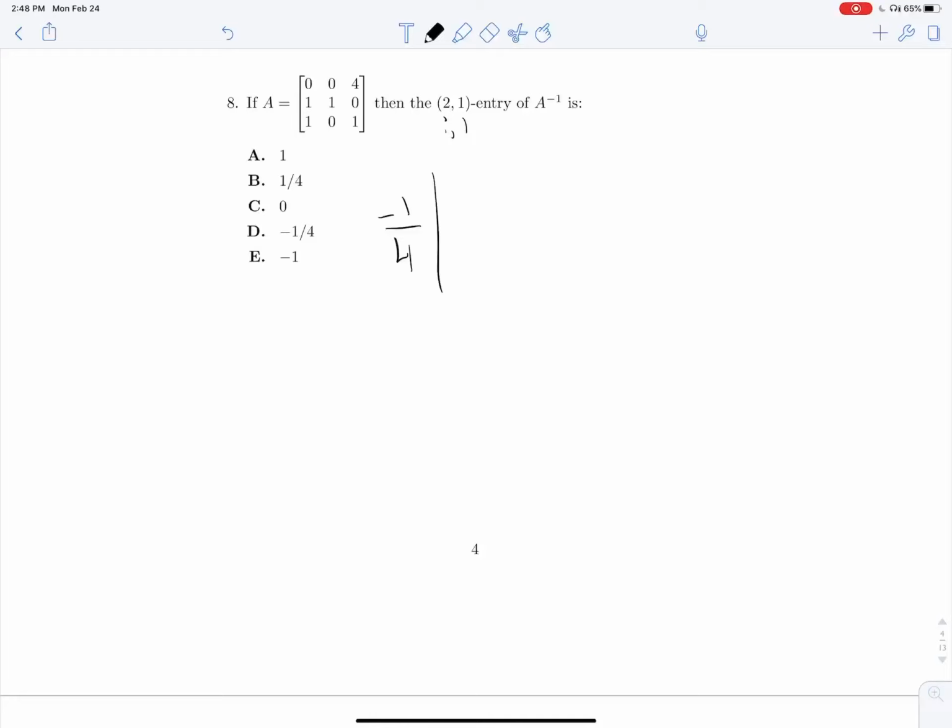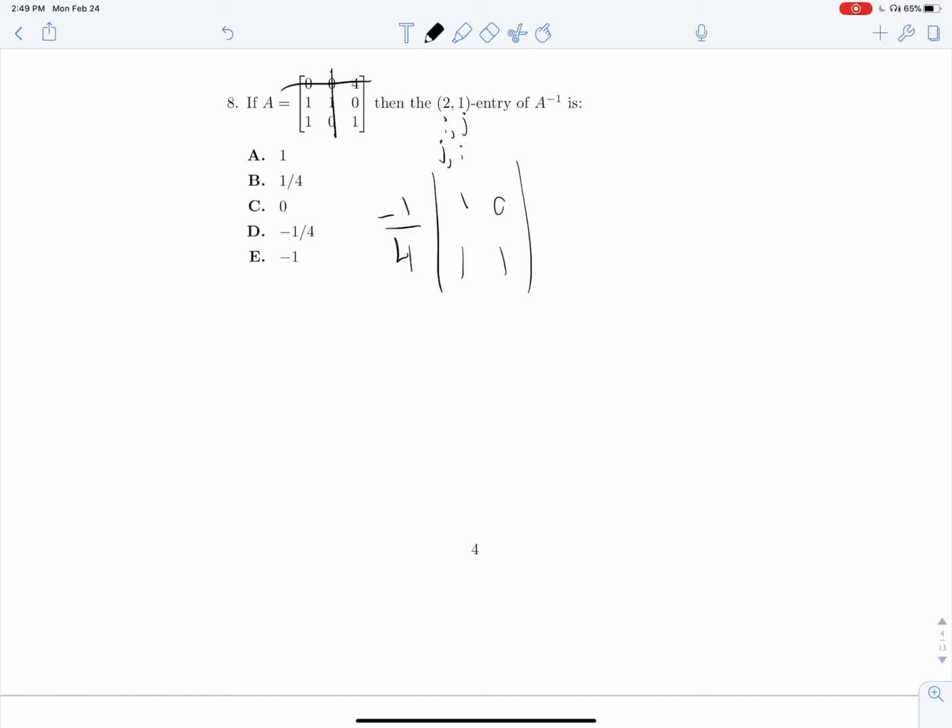If this is the ij entry of the matrix, we're going to need the determinant of the submatrix for the ji entry. So 2-1 is here, so 1-2 is up here. So we'll cross out the row and the column that position is in, and write down the determinant of its matrix 1, 1, 1, 0.